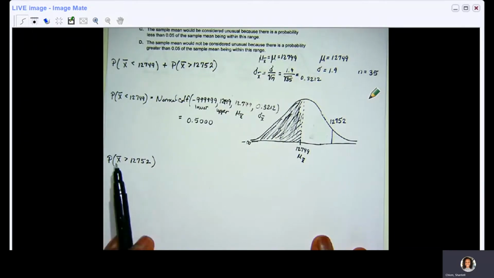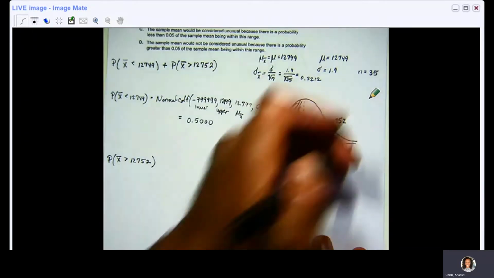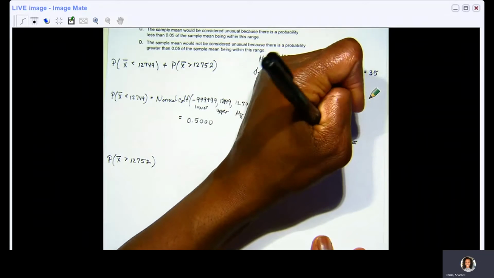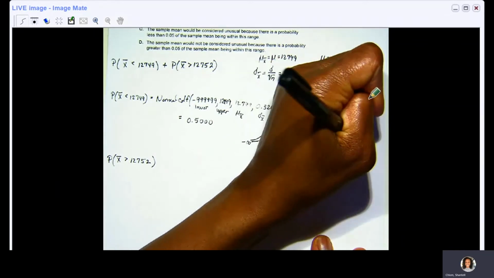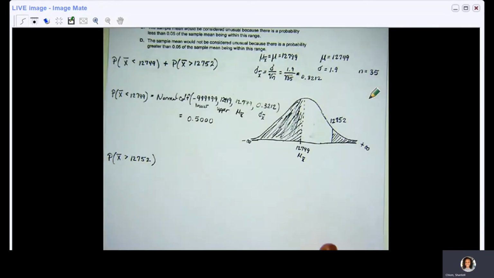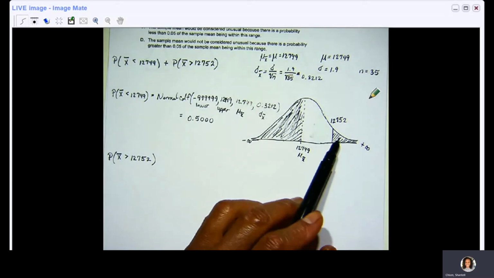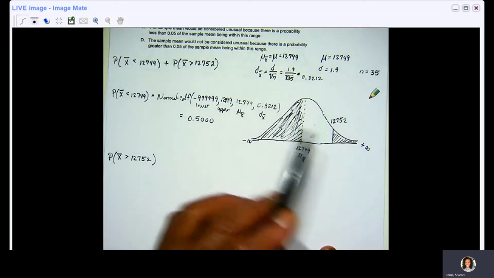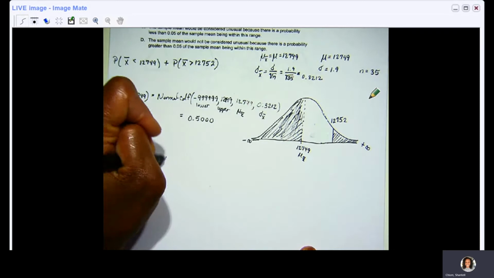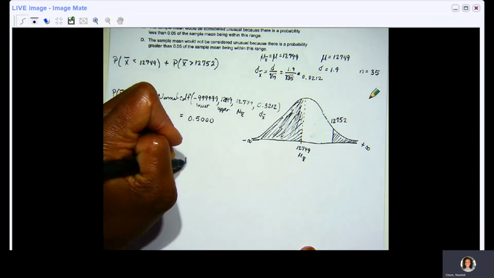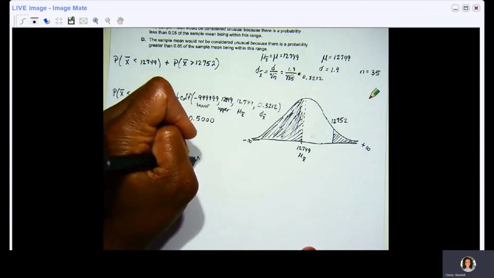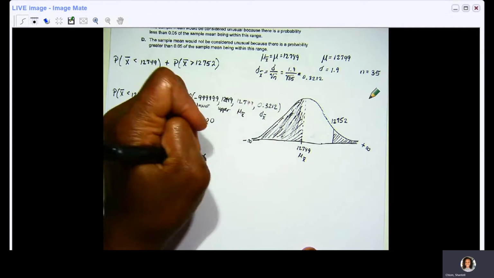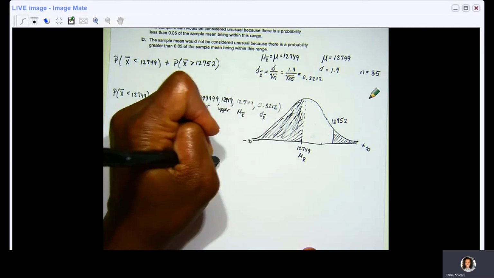Okay. And we're looking for the probability that x bar is greater than that. So that means we're shading to the right here, out to this right tail end towards positive infinity. So this is the area we want to calculate now. We already know this area. We want this area now. And then we'll add them together, depending upon what they are. Normal CDF. The lower bound is the 12,752.